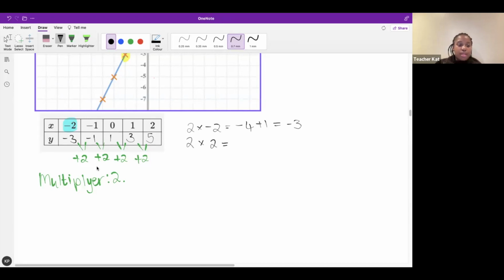That's going to give me 4. And if I add 1, I get 5. Is that what I'm looking for? Five is what I'm looking for. Therefore, my equation, as Singyani has said twice now, is 2x plus 1. Beautiful, Singyani. You got it very quickly. 2x plus 1.